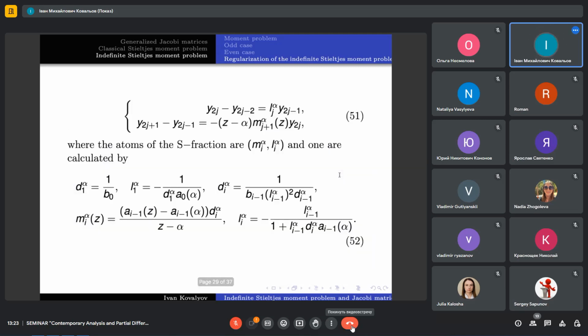Okay. So, if you consider the following system 51, of course the solution of this system is the Stieltjes polynomials P plus and Q plus, and if we know these polynomials, we can find the atoms M alpha and L alpha, which can be defined in the following way.